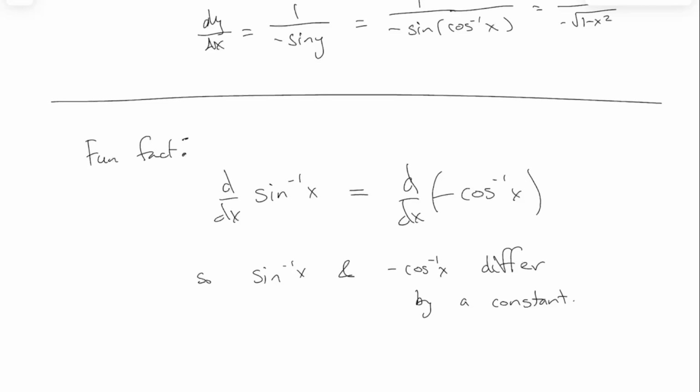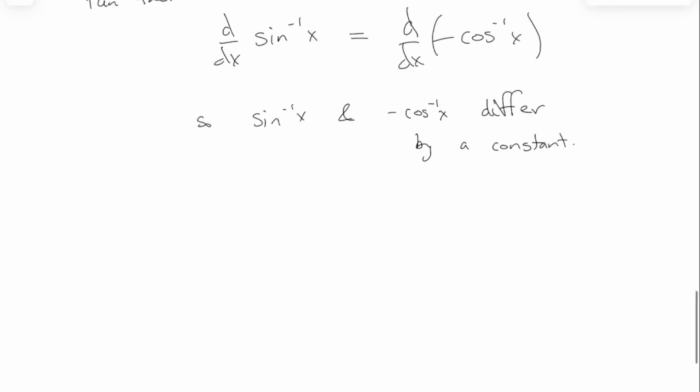Does this make sense to anybody? Perhaps, maybe I could just refresh our memory by drawing the graph. The graph of inverse sine was this. What was it? It went here to here. I want to make sure I get it right.